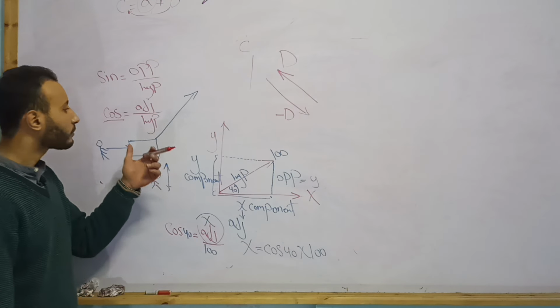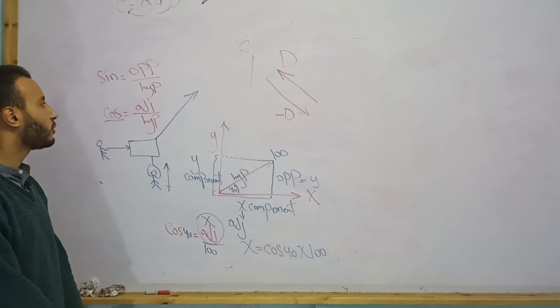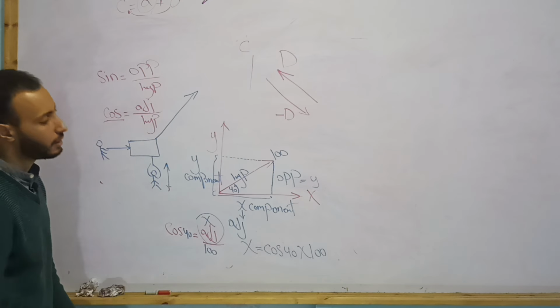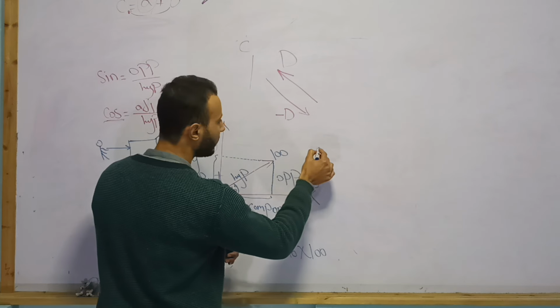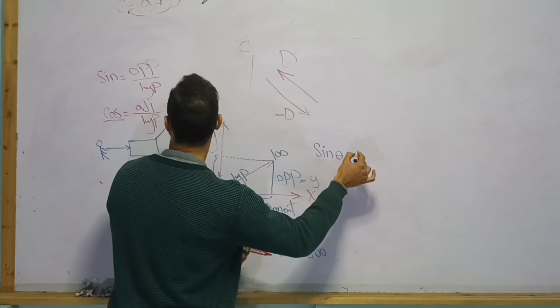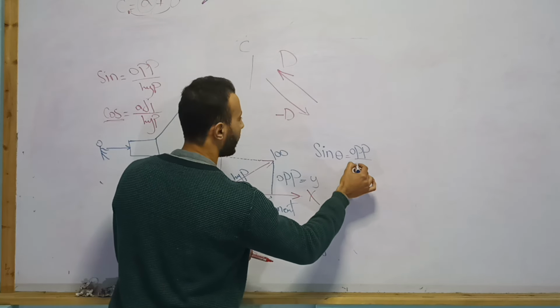So hypotenuse and opposite: where we have hypotenuse and opposite, it is sine. So I'll write here sine theta is equal to opposite over hypotenuse.